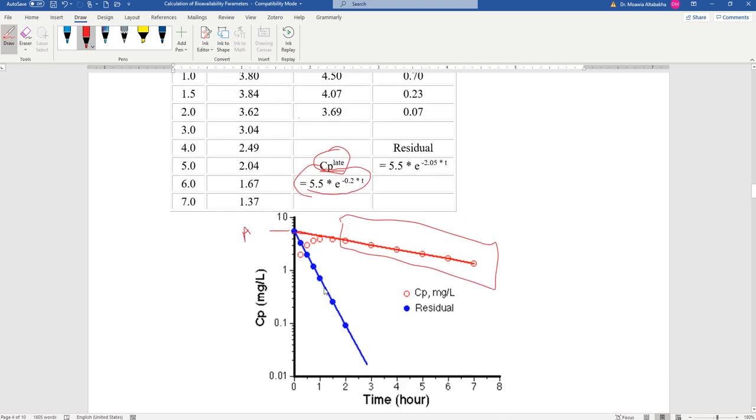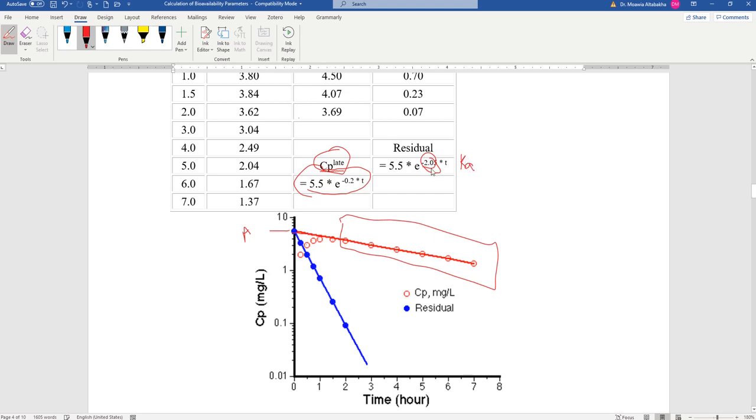So this residue line is A times e to the power of minus 2.05 times t. What is this minus 2.05? It's minus KA, meaning KA is 2.05 times t. So we were able to get the KA value.